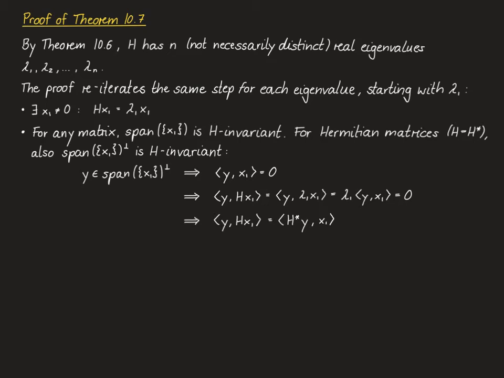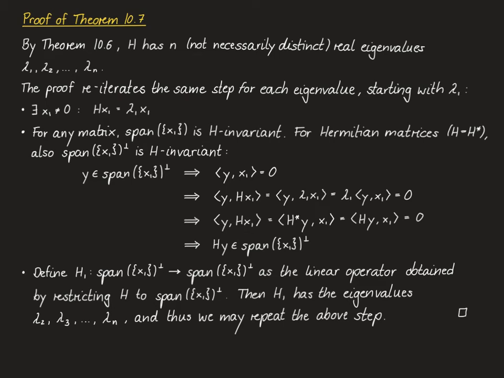By the definition of the adjoint, the inner product of y with H times x1 can also be written as the inner product of H star y with x1, where now H star is equal to H because H is Hermitian, and hence the inner product of Hy with x1 is also equal to 0. And this is exactly the definition of Hy being in the orthogonal complement of the span of x1.